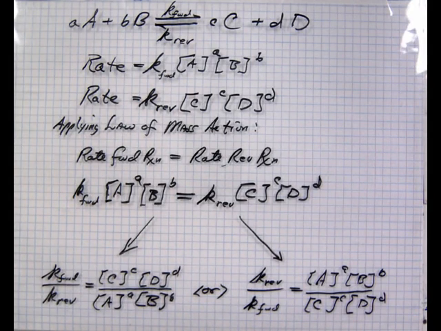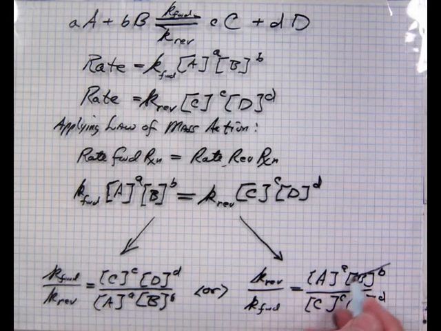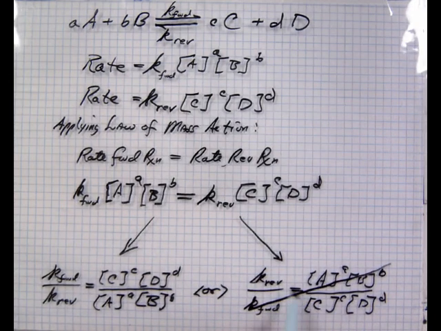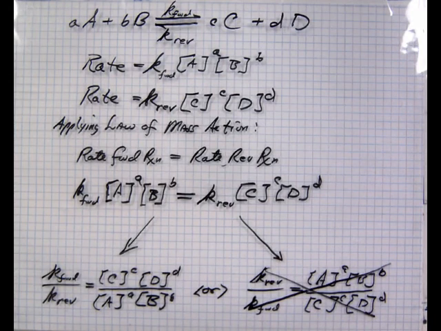Chemists all over the world and throughout history have chosen the ratio that reflects an increasing number. That's by design. An increasing number means we're producing more product relative to the reactant side. Everybody good on that? This one. So this is, so to speak, tossed as an indicator of the reaction proceeding to products.